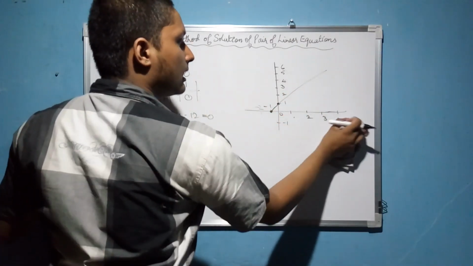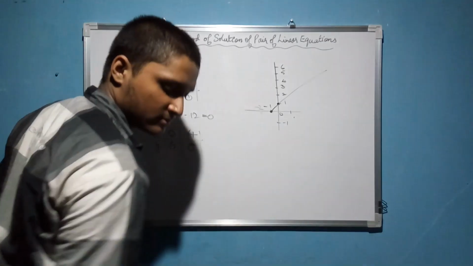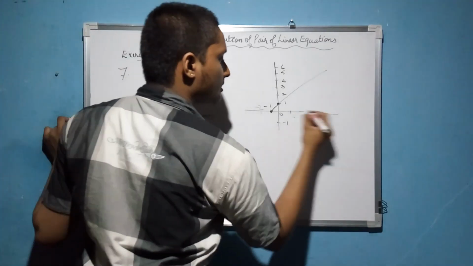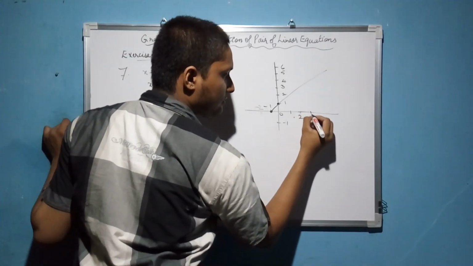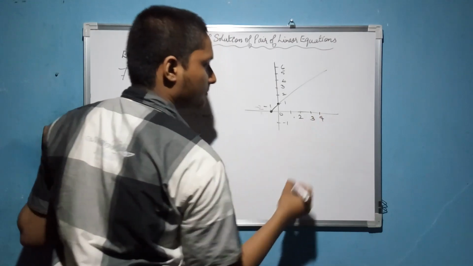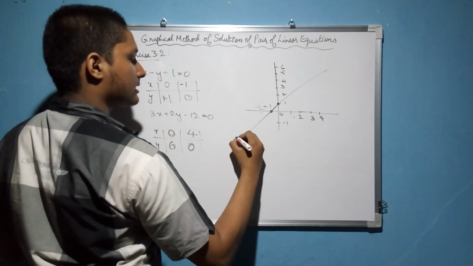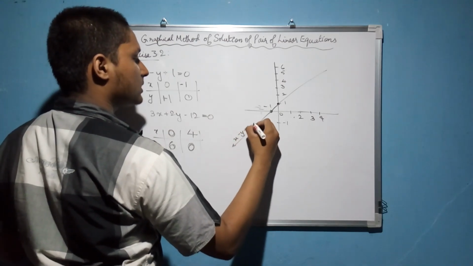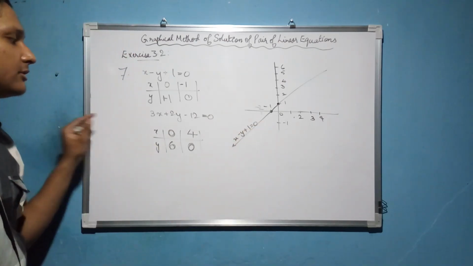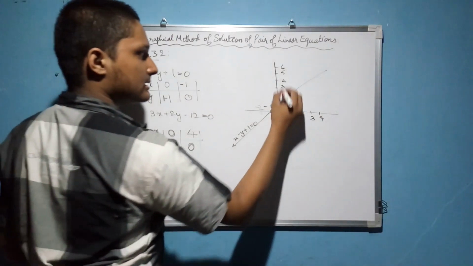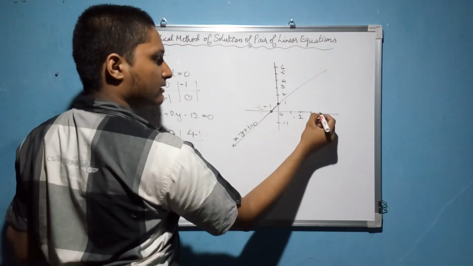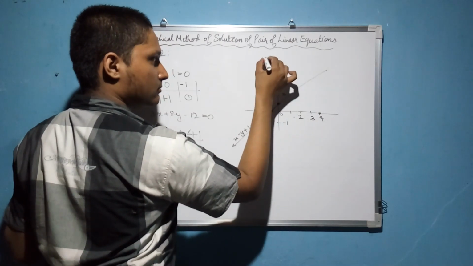Maybe I'll draw this in an equivalent manner because here it is near and I'm not going to get it in a proper manner. So 4. This is the line x minus y plus 1 is equal to 0. Now we have one more, that is 0, 6 and 4, 0.